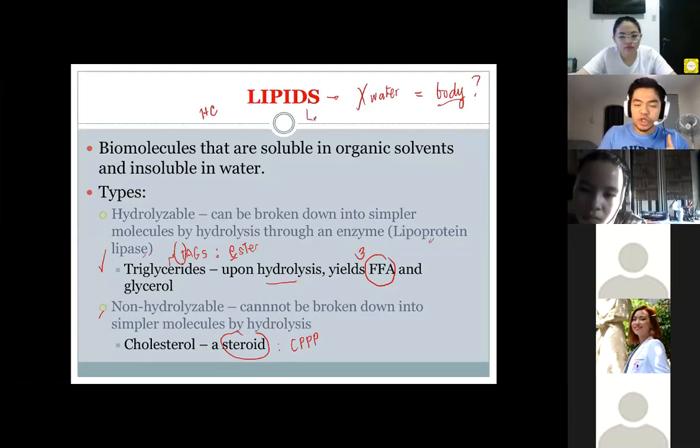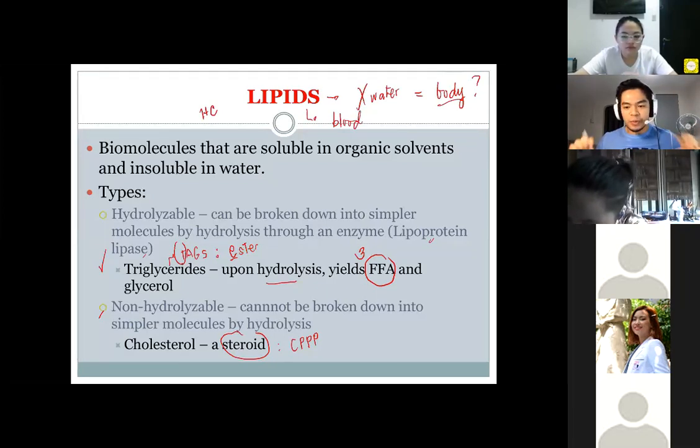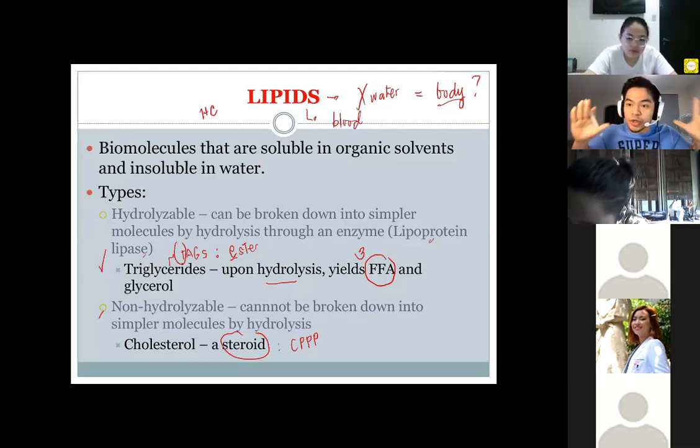Now, para ma-transport ang lipids, syempre, it has to be incorporated with the blood. Kailangan siyang sumama sa blood. Makinig dito ha, kasi we will establish the gap here. So, lipids have to be incorporated with the blood so that it will be circulated throughout our body for utilization. However, this is the problem.